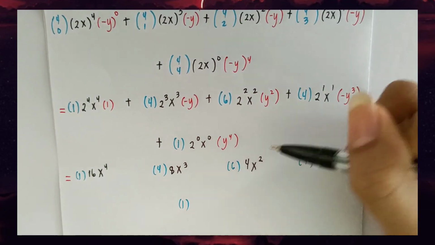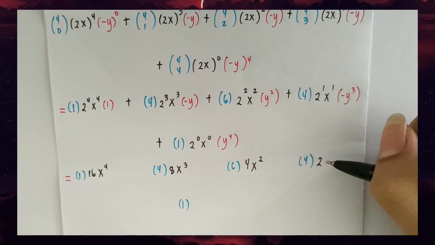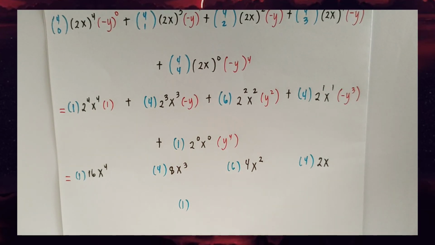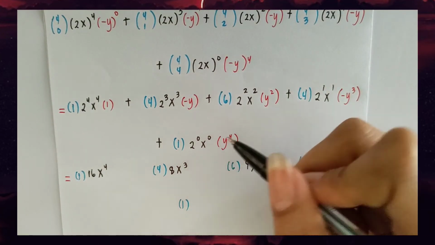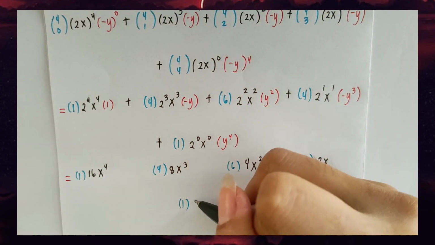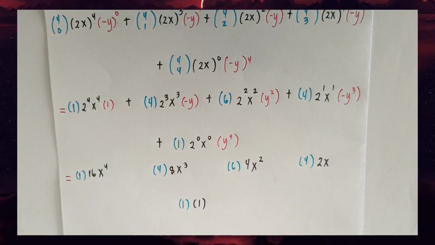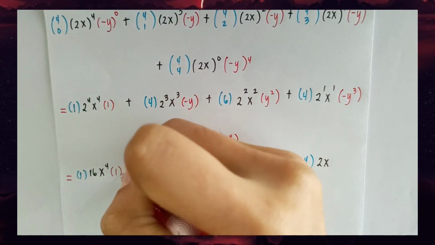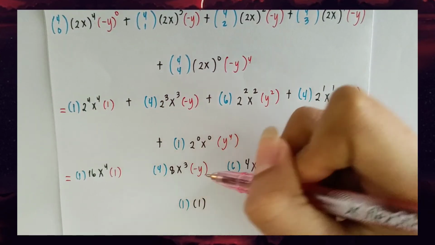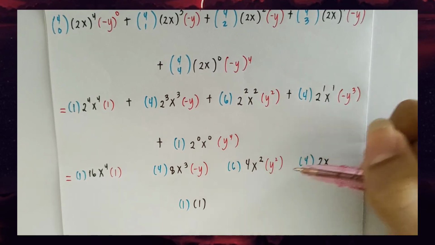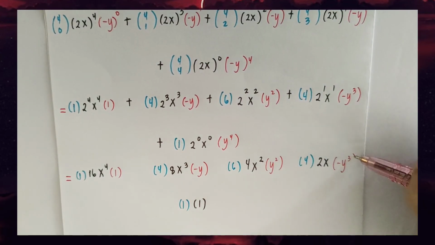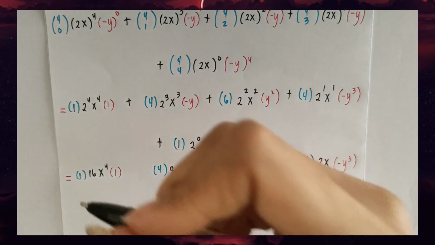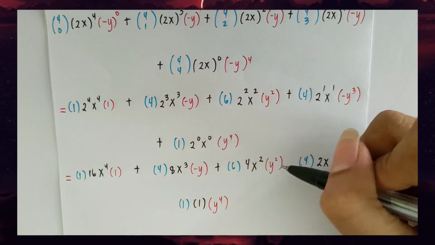Copy x squared. 2 raised to 1 is 2. Copy x. No need to input the imaginary 1 there. And then 2 raised to 0, x raised to 0 is just 1. Next, copy 1, negative y, y squared, negative y cubed, and y raised to 4. And of course, our operation.